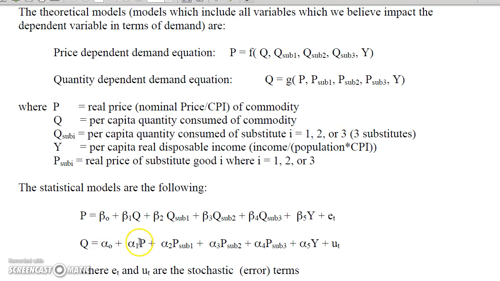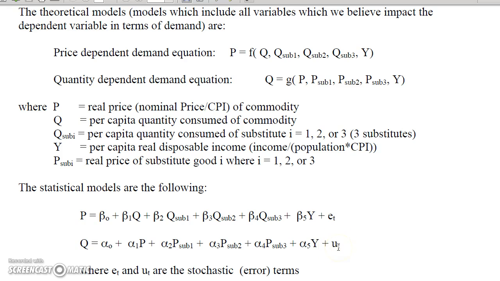I have my alpha 1, which is the to-be-estimated first coefficient, times the real price of my major commodity, plus the to-be-estimated coefficient times the real price of my first substitute, plus the to-be-estimated coefficient times the real price of my second substitute, and the to-be-estimated fourth coefficient times the real price of my third substitute, plus the coefficient times the per capita real income, plus u t.